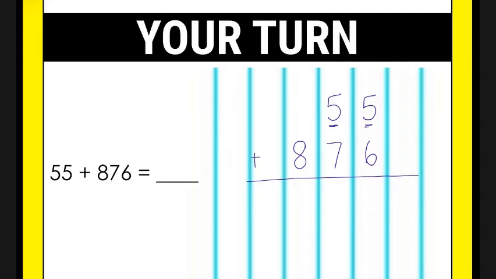Okay, you should have put a 1 in your ones and then regrouped the 10 into the tens. Now we're going to solve 1 plus 5 plus 7. Go ahead and write your answer.